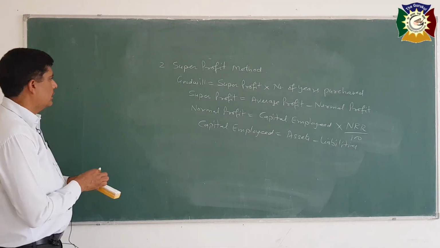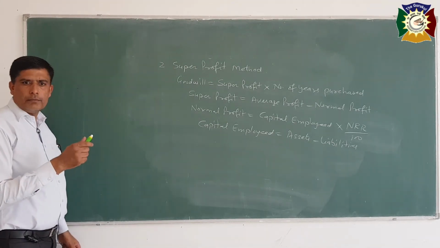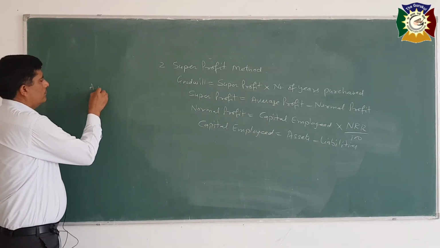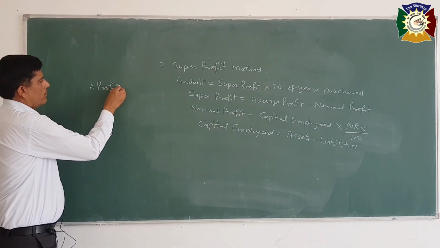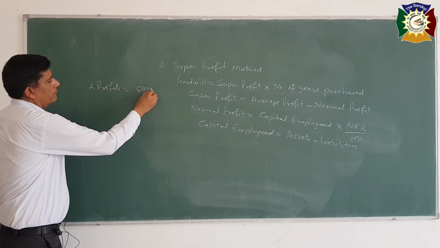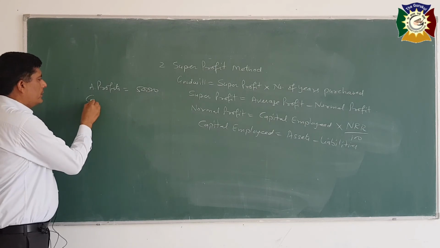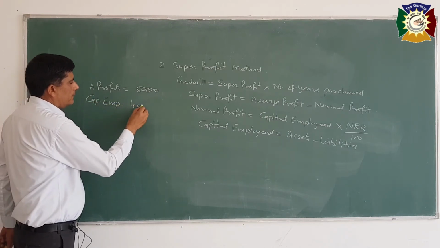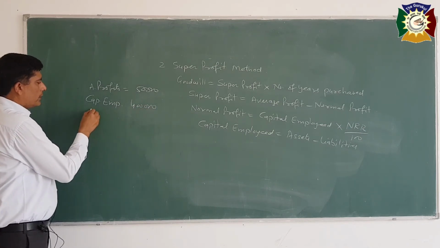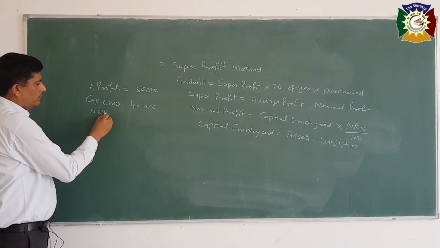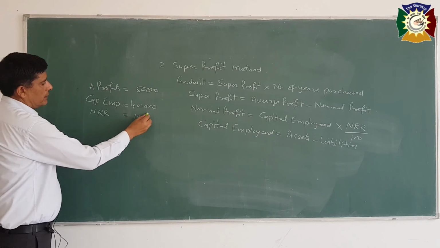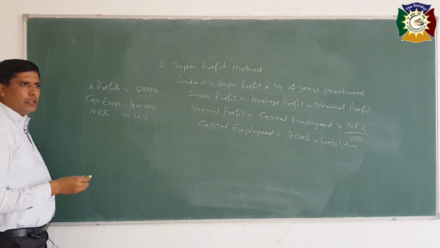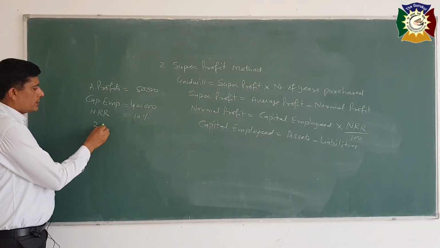Take an example. If in a firm, average profits are rupees 50,000, capital employed is 4 lakh, normal rate of return NRR 10%, calculate goodwill on the basis of 2 years purchase.